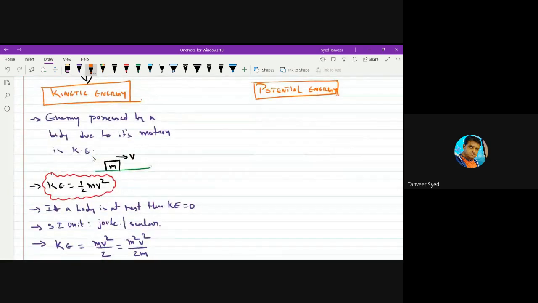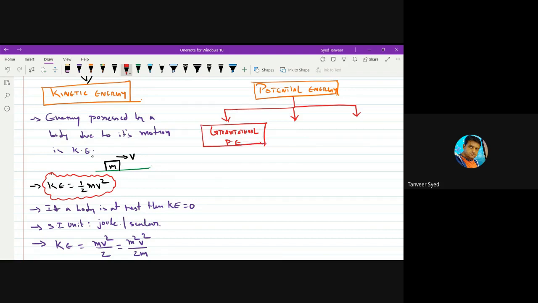Next, coming to potential energy. Potential energy can be possessed by a body in three different ways. What are they? They are: first is gravitational potential energy.